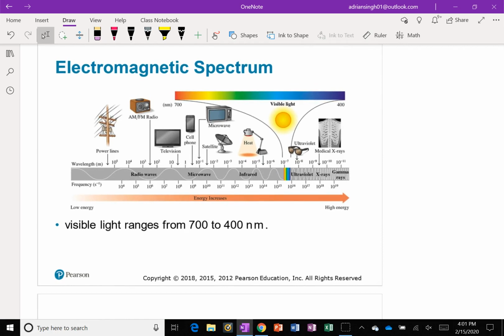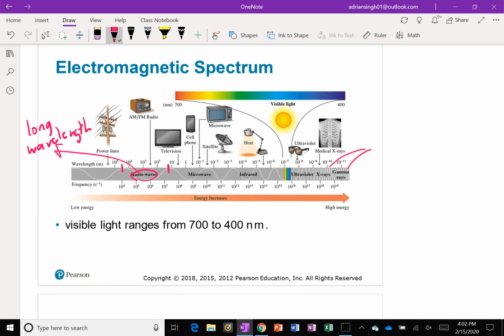So for instance, we can see on the left side of the spectrum here, we have something like our radio waves, which have pretty long wavelengths. And on the other end of the spectrum, we have things like our gamma rays and X-rays, which have really small or short wavelengths.